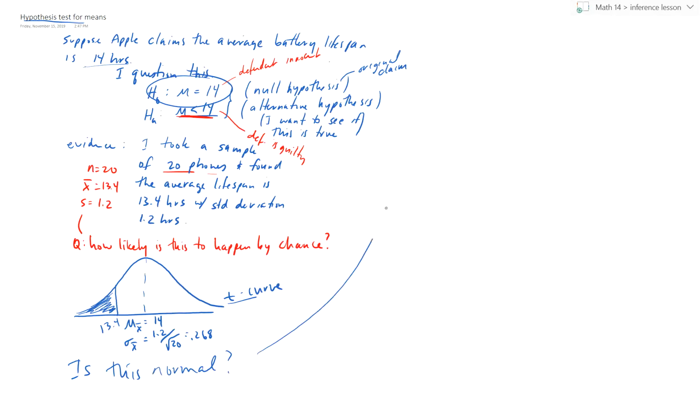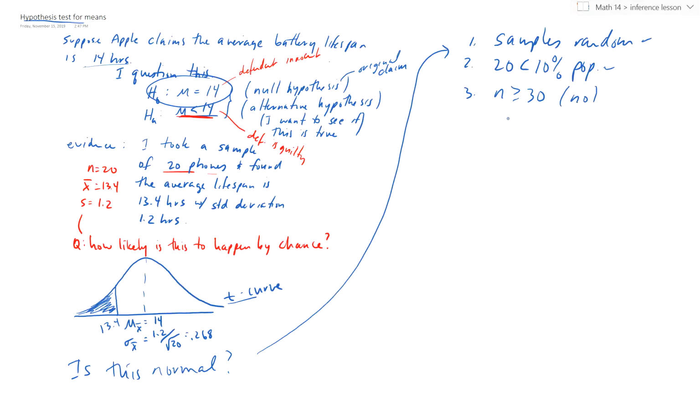What do we need to know for it to be normal? What 3 conditions? Samples have to be random. Is n of 20 less than 10% of the population? Of course. And the last thing is, is n bigger than or equal to 30?